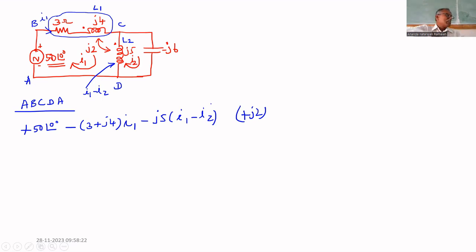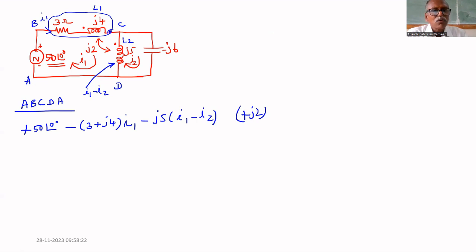How does mutual inductance come into the picture? What is the voltage drop across the mutual inductance? For that, we have to consider this current or that current. Let us do one thing.